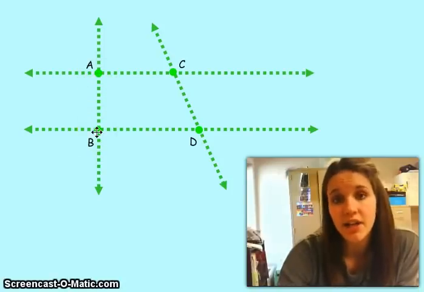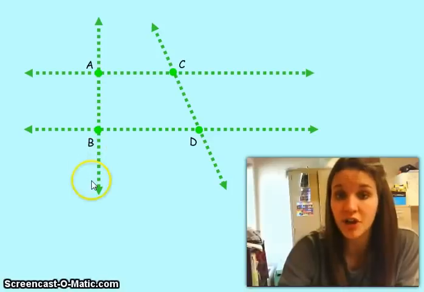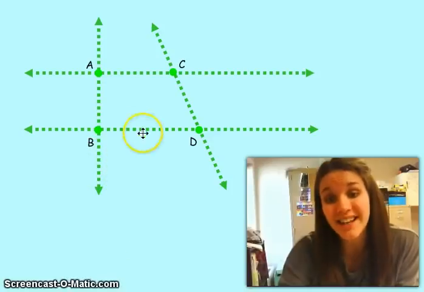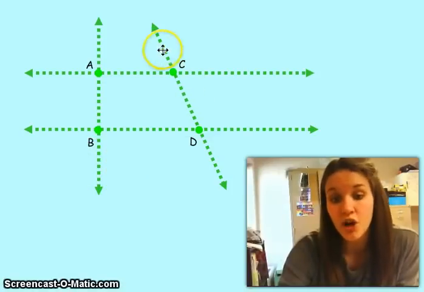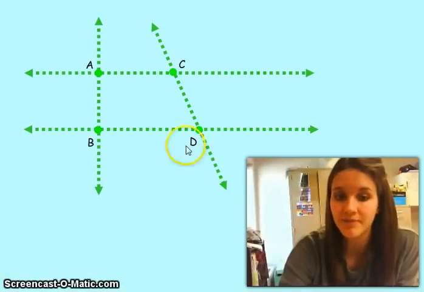I'm going to name my line using my points. It goes on and on this way and on the other way. I also have line CD. It goes on and on in two directions, and it is a straight path of points. I have line AC, on and on in two directions, and line BD, because it goes on and on in two directions.